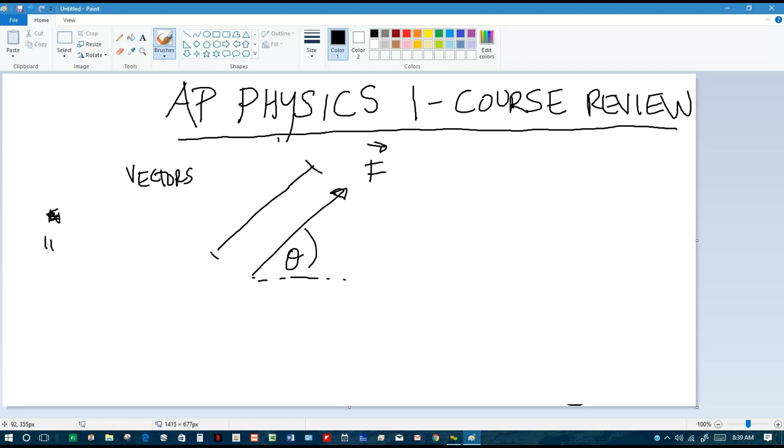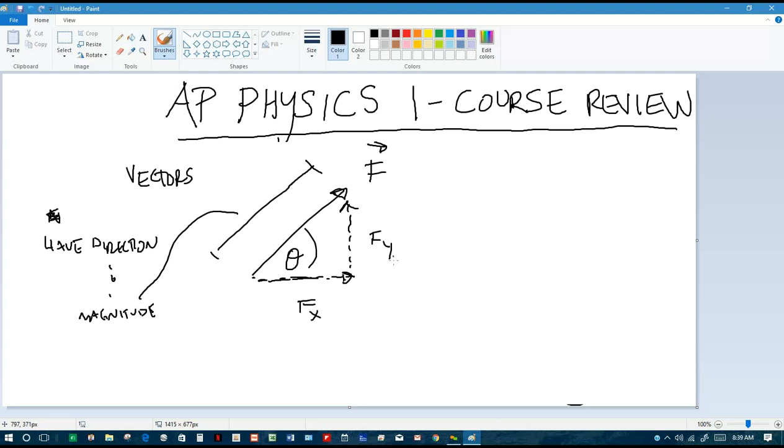So vectors have direction and magnitude, because magnitude is the length, right? And they also can have components. This would be considered the x component because it's parallel to the x-axis. This would be the y component because it's parallel to the y-axis.